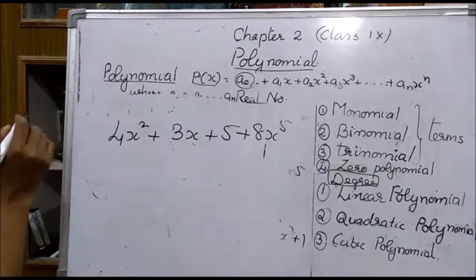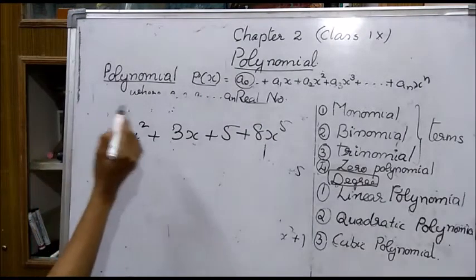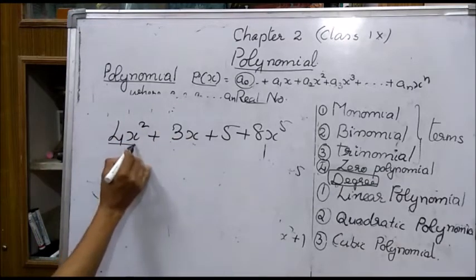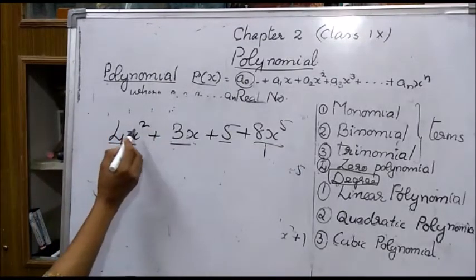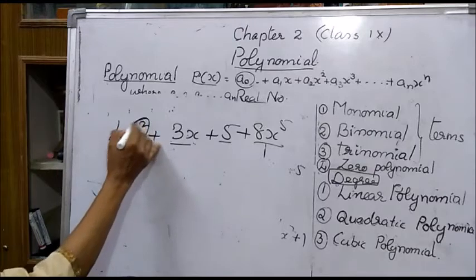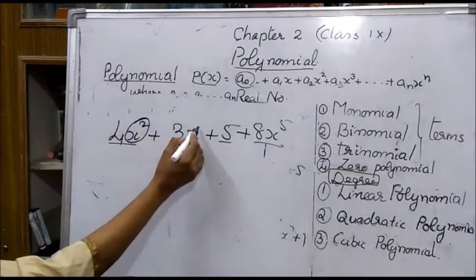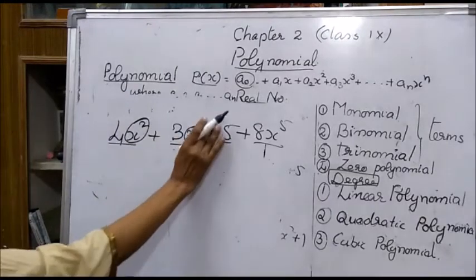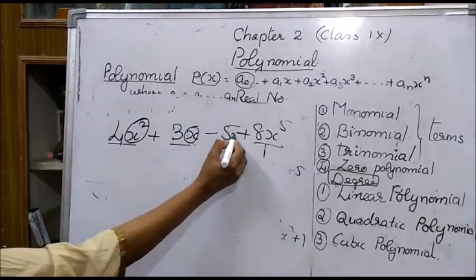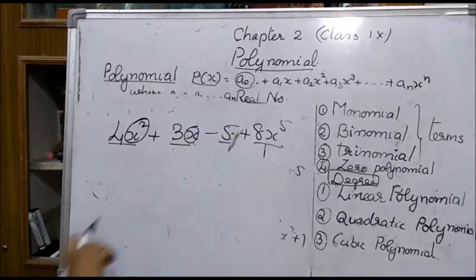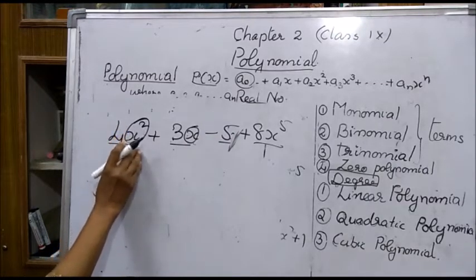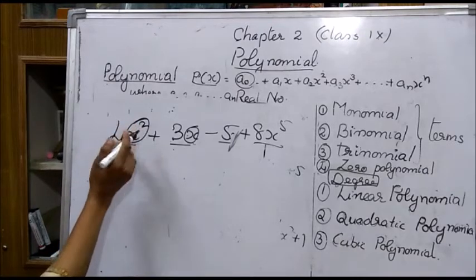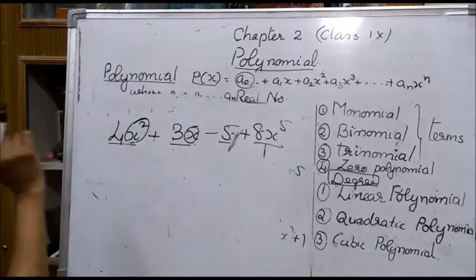We can't speak of one coefficient of the polynomial, because each term has a different power. The coefficient of x square is 4, the coefficient of x is 3, the coefficient of x power 0 is 5, and the coefficient of x power 5 is 8. The coefficient is whatever is in that term other than the variable part.